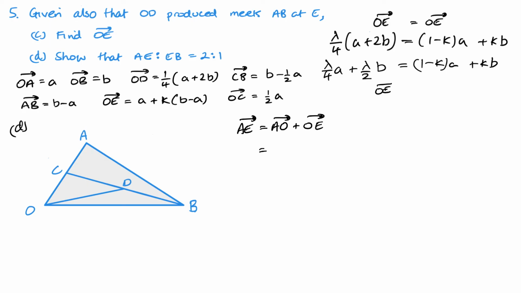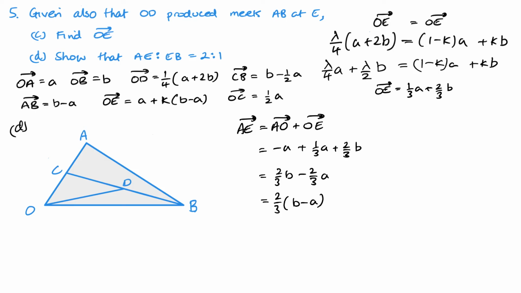OE we said was 1 third A plus 2 thirds B, wasn't it? So A to O is negative A plus 1 third A plus 2 thirds B. So if I think about this, we've got 2 thirds B minus 2 thirds A, which I'll take the thirds outside, there's 2 thirds B minus A.